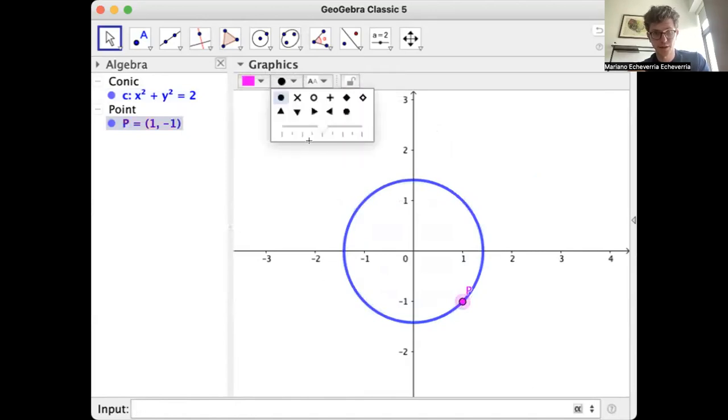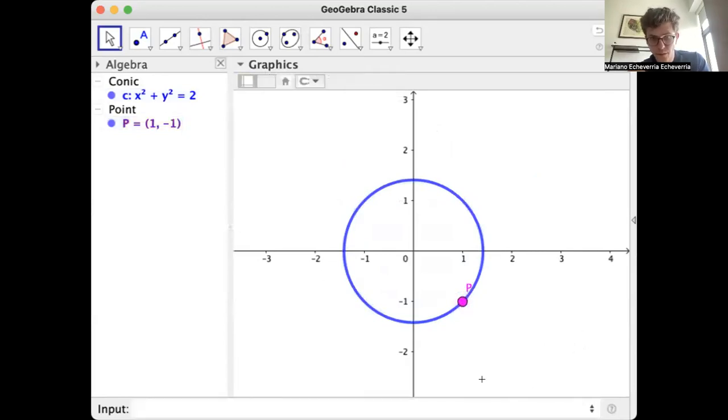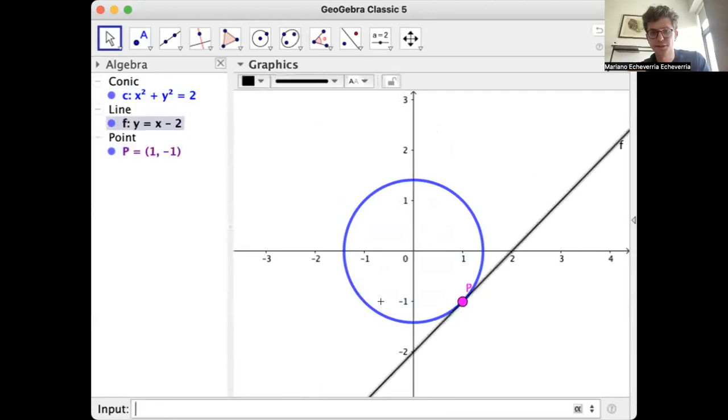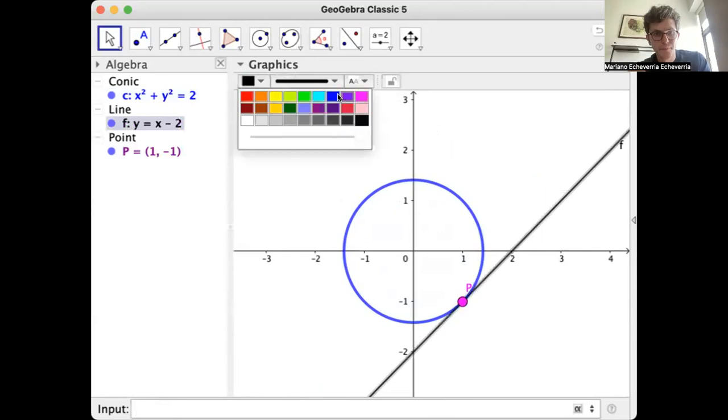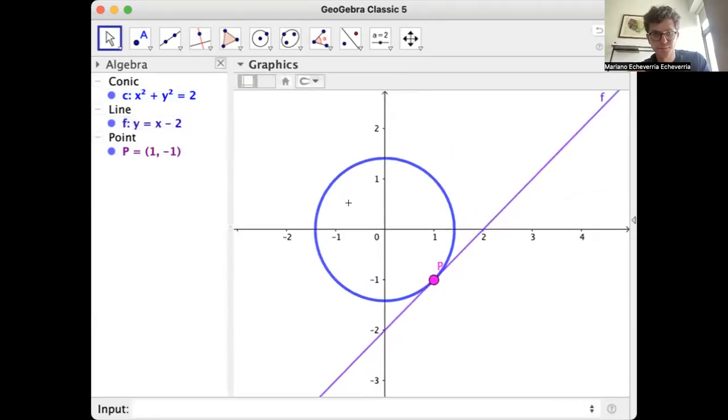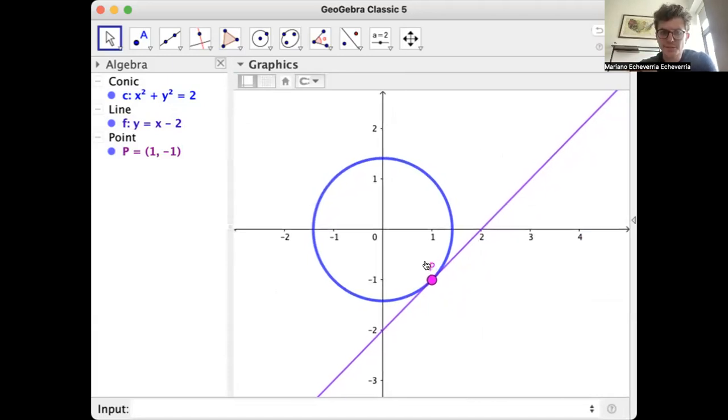Let's make it pink. And then the equation of the tangent line, I said it was x minus 2, and there you go. That's the equation of the line. So it does look like the tangent line to the circle. Is that making sense?